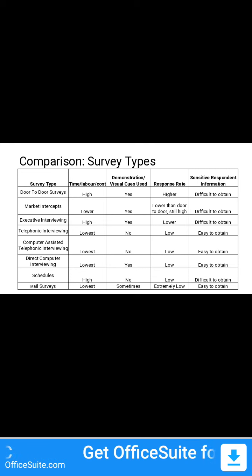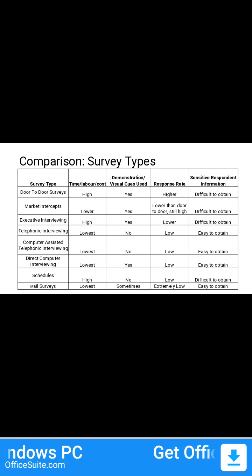For example, if I want to find out from somebody whether he has broken any traffic law, naturally he would not be ready to give me an honest answer, right? If I'm asking whether he has deliberately broken some traffic law, would he be forthcoming with the answer? He may not be very forthcoming with his answer. So this is again an example of a sensitive piece of information.